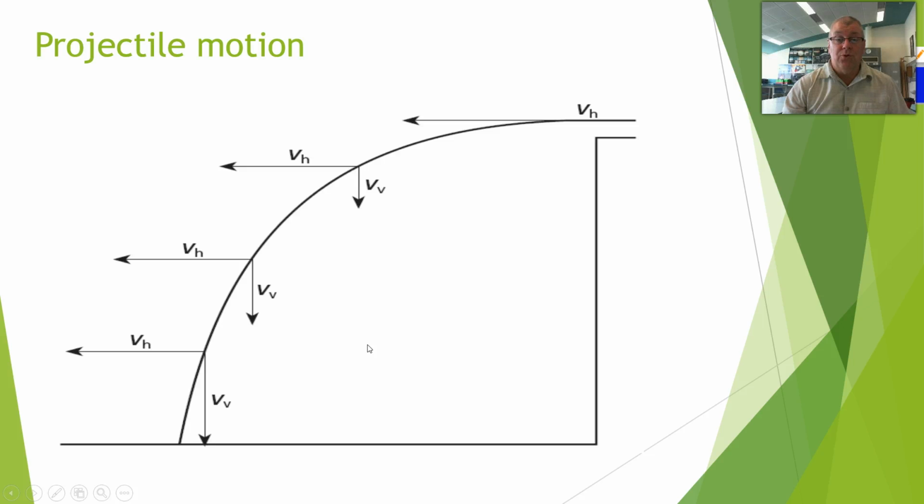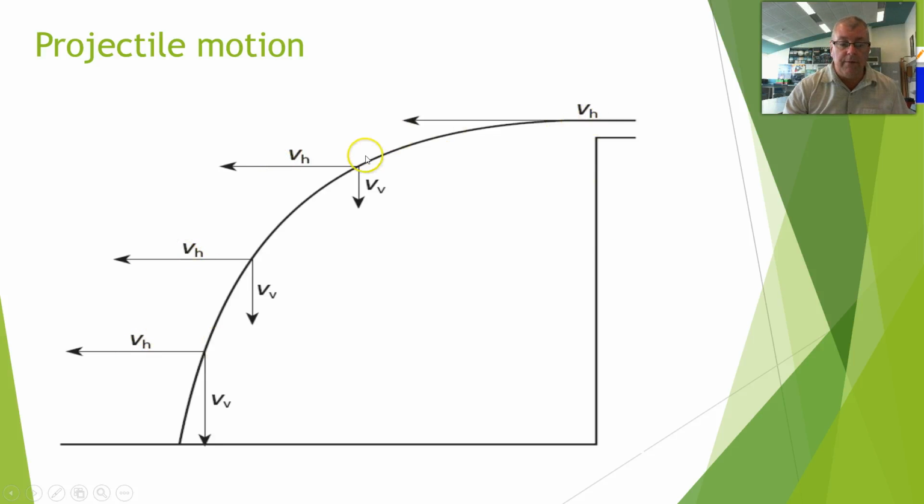Now, in physical science, we learnt or tried to learn how to do these sorts of motion where we throw something off the cliff with a horizontal velocity and then it impacts with the water or the ground. We recognize that what this diagram is trying to show us is that the horizontal velocity remains constant because we're ignoring air resistance, and so there's no force to change the horizontal velocity.